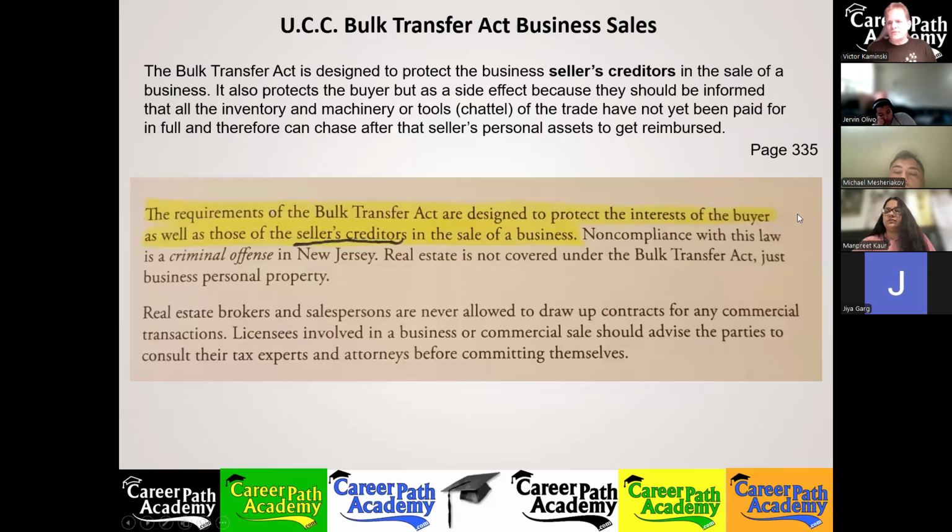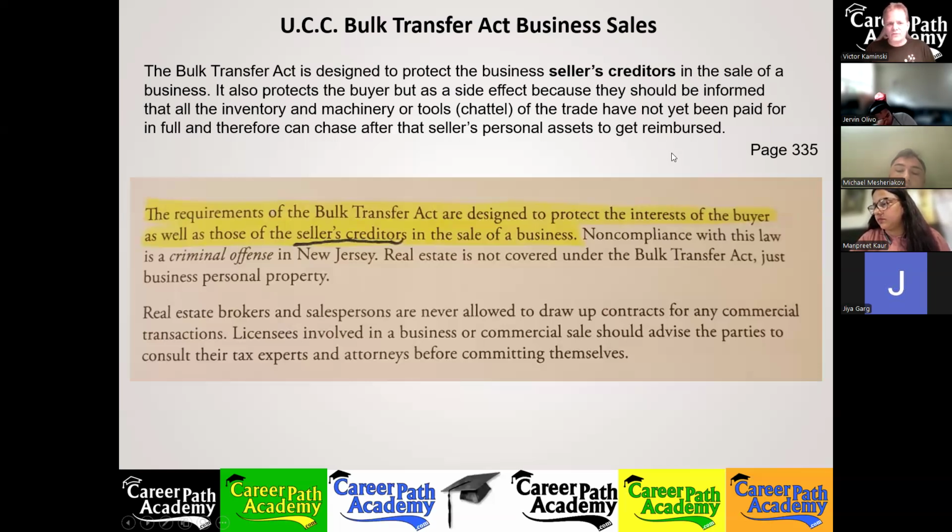Which is actually a part of the Uniform Commercial Code, the UCC. I know we spoke about already the UCC being the Uniform Construction Code, which regulates the construction of buildings. This is the UCC, the Uniform Commercial Code, which regulates the sale of businesses, and more specifically, the Bulk Transfer Act.